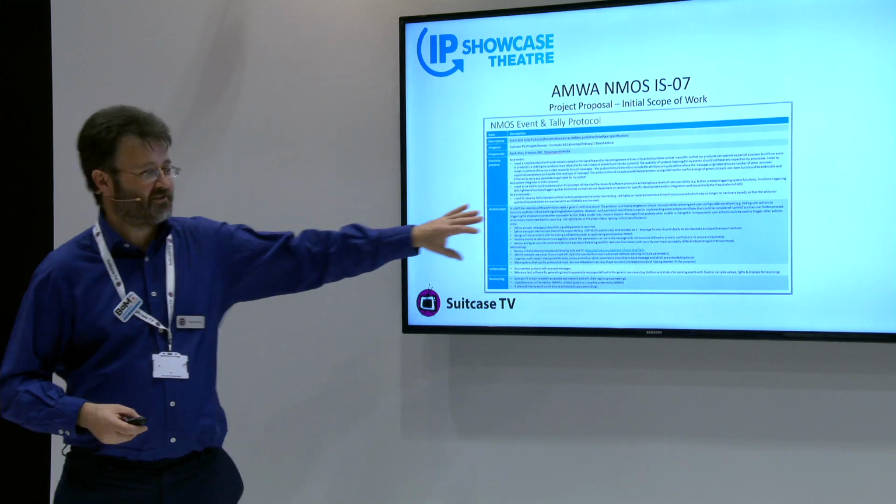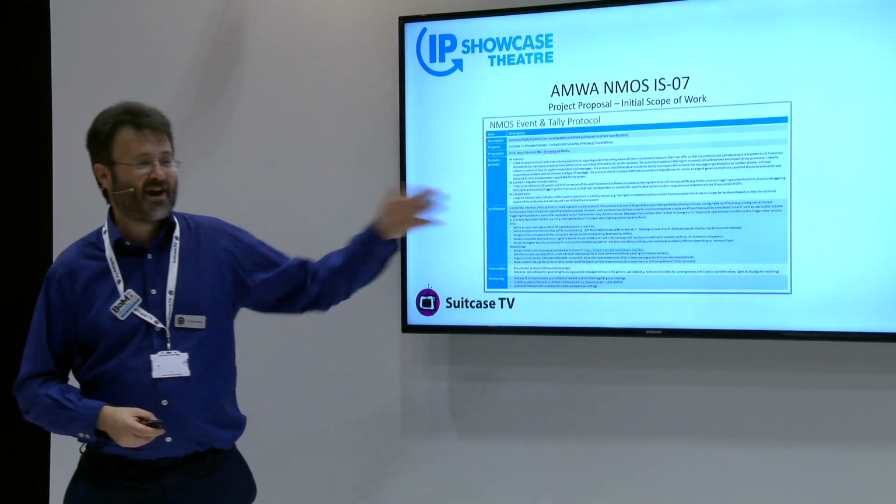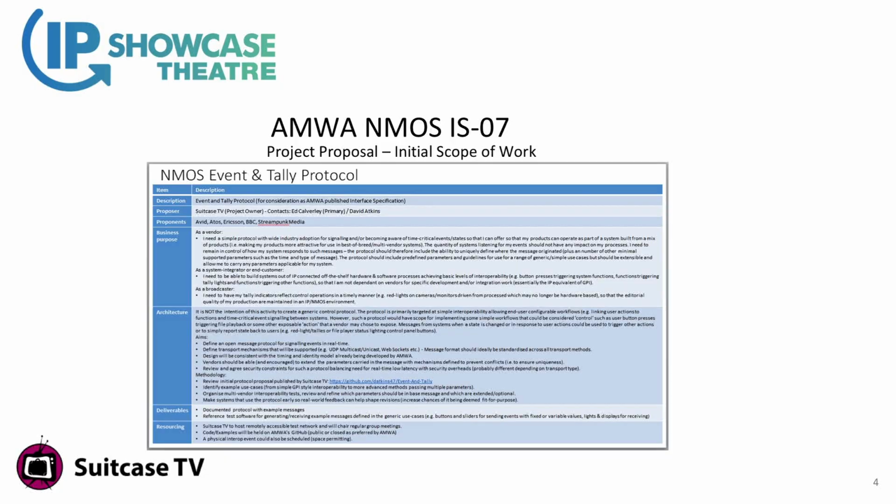So I don't expect you to read this, but this is how AMWA works. We have to put together a proposal. It has to go to the board and make sure there's a business case for it. So amongst the things that we put in there is things like, as a vendor, I need a simple protocol to make this work. I need systems out of pure IP.